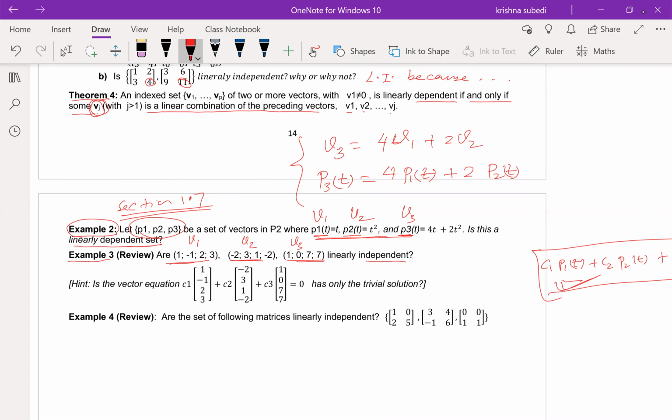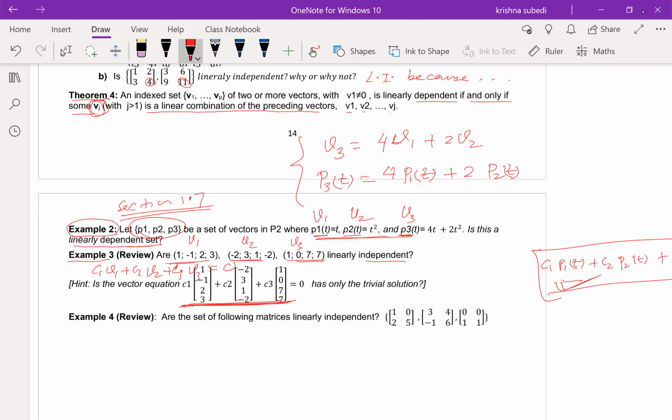The easiest method would be to consider the linear combination C1V1 plus C2V2 plus C3V3 equals 0, which means this. We can consider that as a system of equations. It's a vector equation, right?